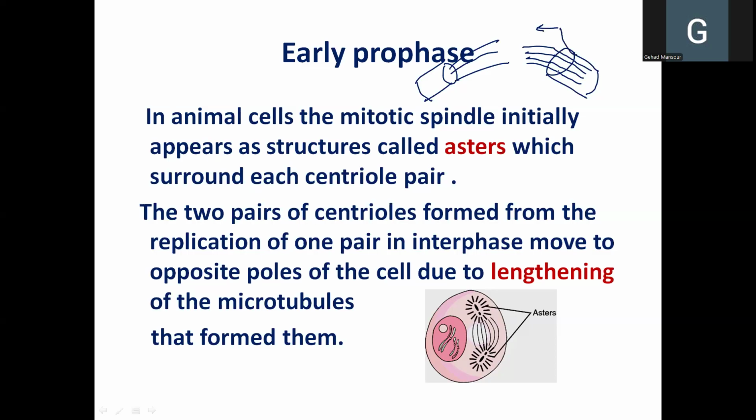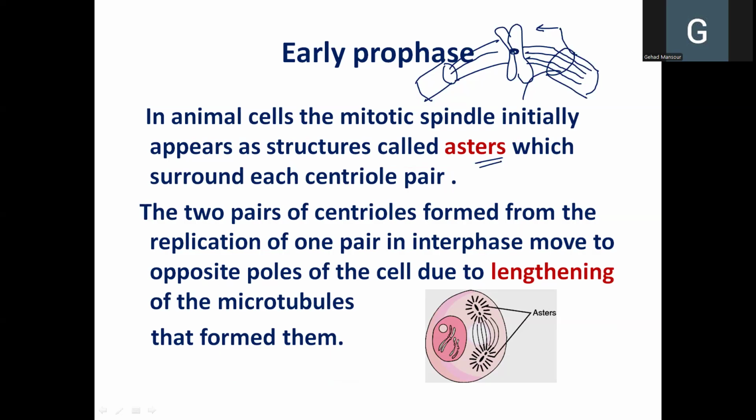As they emerge from the centrioles, they radiate, they diverge a little bit at the beginning, and we call this the asters. So the asters are the structures of the mitotic spindle that initially appear from the centrioles. And then they join together, and actually, before joining together, the chromosomes get attached to them.